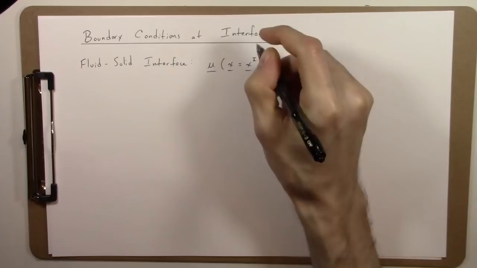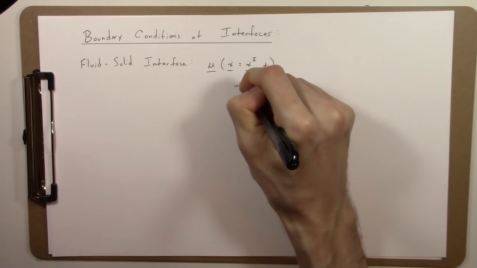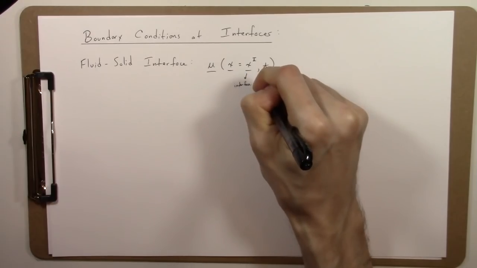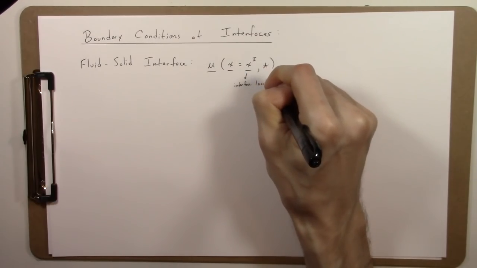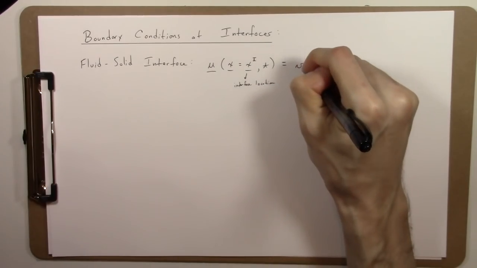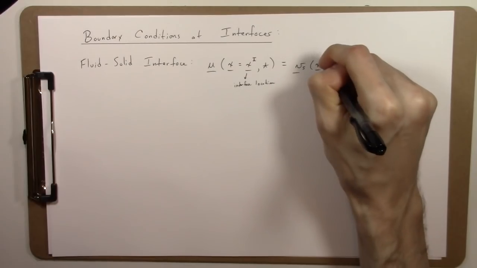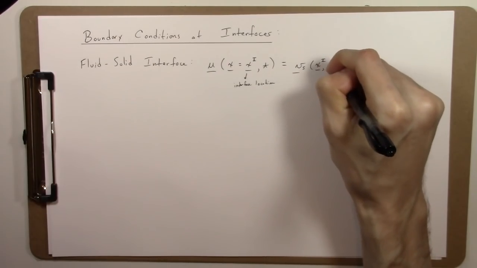So x superscript I is the interface location, is equal to the solid velocity, which we call v_s, at the same location, which we'll call x_I, and t.